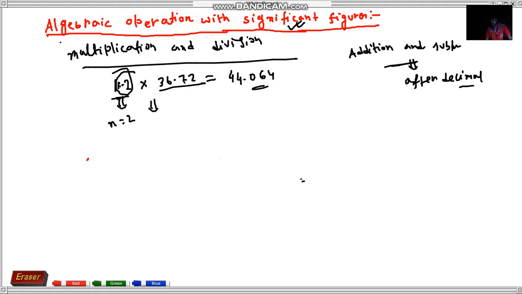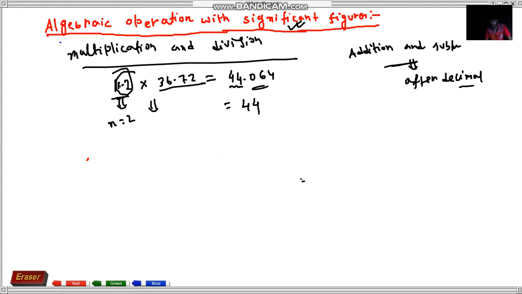So the answer should have only 2 significant digits. We round up to this 4, and as the digit after it is 0, it will be just 44.